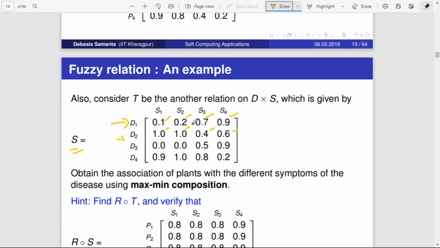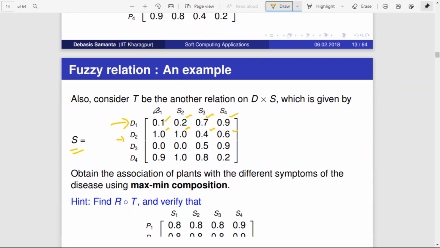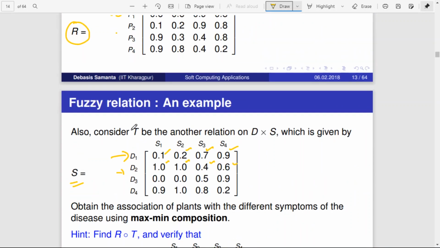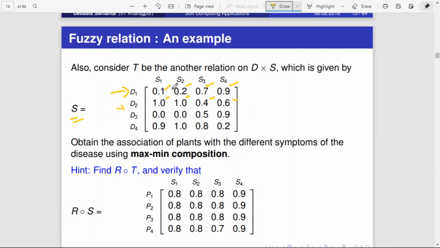So the point is, R is a relation defined on P and D, and S is the relation defined on D and S, where D is the disease and S is the symptom.